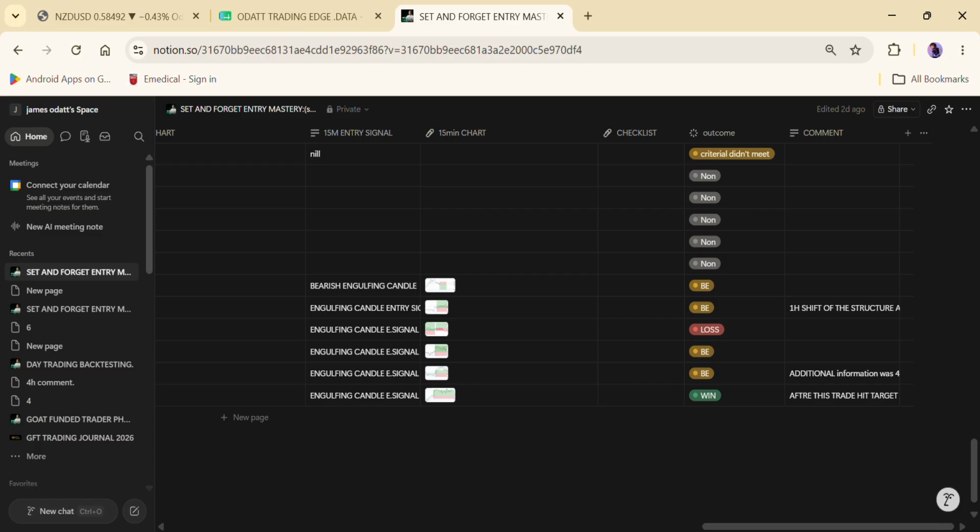Out of 7 position, we have, as we see, 4 was loss, 4 was break even, 1 was loss. Actually, total of 6 position, 4 was break even, 1 was loss, and 1 was win.